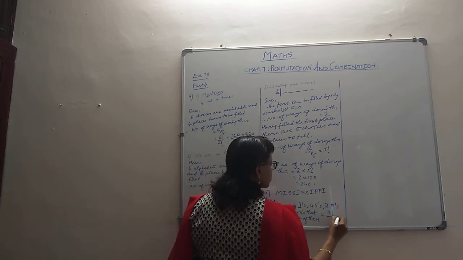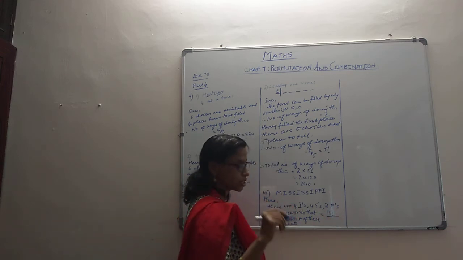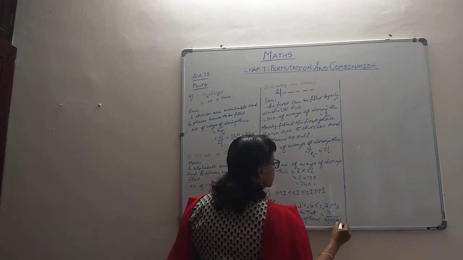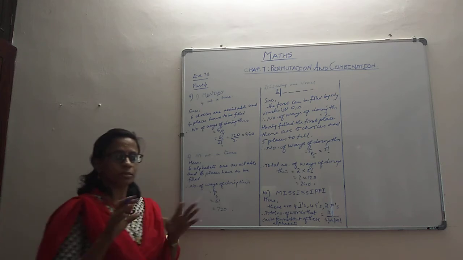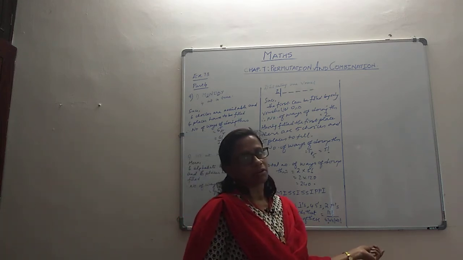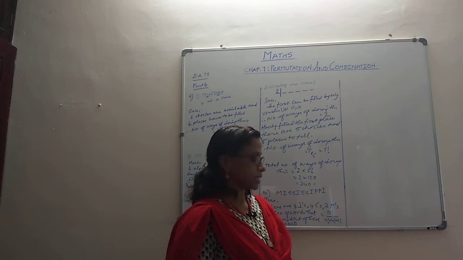Here also 11 factorial because there are 11 alphabets, but with repetitions. Whenever there are repetitions, you have to take care of them, and then only you will get proper words. Otherwise, there will be lots of repetitions and mismatch, and you don't get distinct words. So many words will be there that can be formed out of these alphabets.